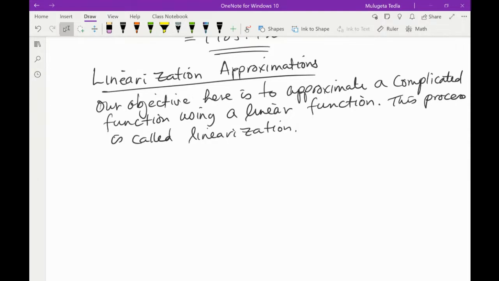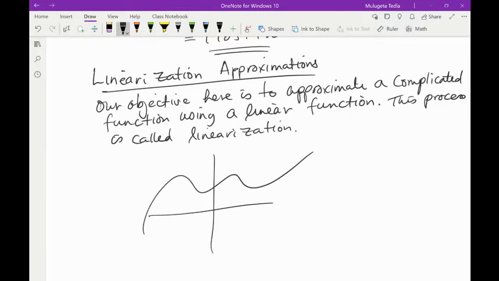What we are doing geometrically is, we have a complicated function. We're going to fit a line which is the best approximation to that. So this is a line, which is a linear function, right? But this is complicated. We don't know y equal to f of x.